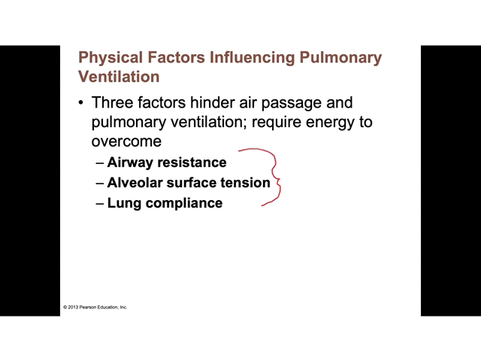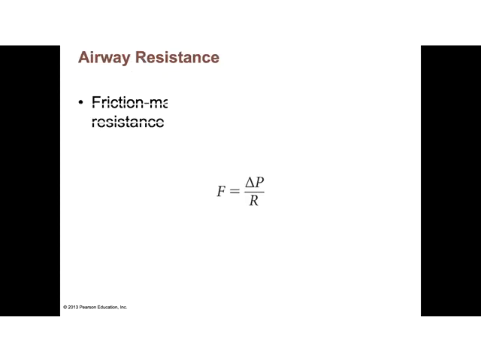The surface tension becomes greater because surfactant production goes down. And the airway resistance increases, again, because of the accumulation of damage in the upper airway and the loss, in many cases, of areas of the lungs to blockage. We lose a certain volume of our lungs due to them scarring and due to the pipes that go into them getting blocked over time.